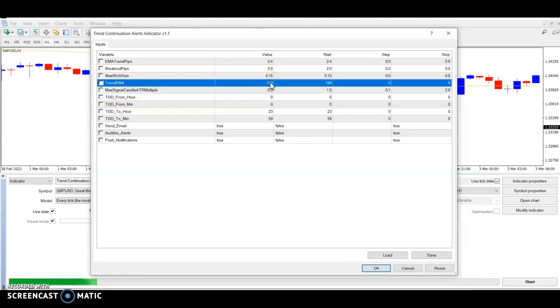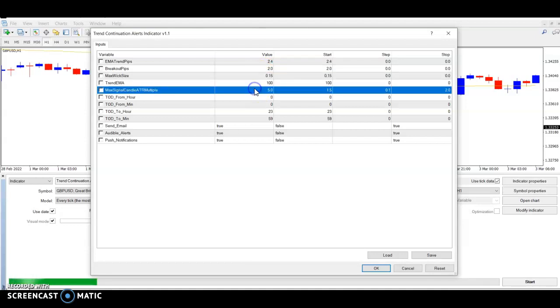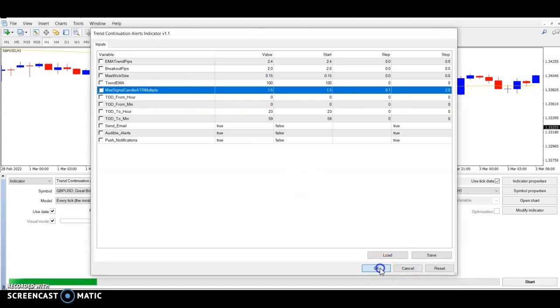The trend EMA I very rarely change, because this isn't dependent on the time frame, it's dependent on the candle size, so whichever time frame you're on. The maximum candle ATR multiple. Actually, that should have reset to 1.5. ATR, average true range.